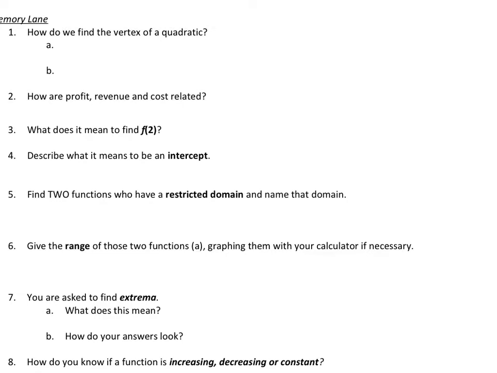So when we work with the quadratic, the first question is, how do we find the vertex of a quadratic? And from last time, we know that the x-coordinate is found by using negative b over 2a.